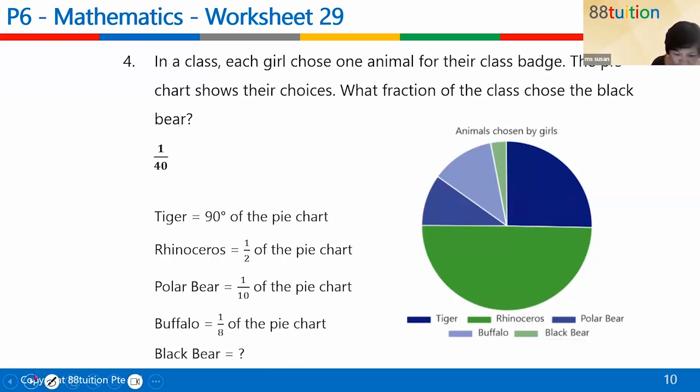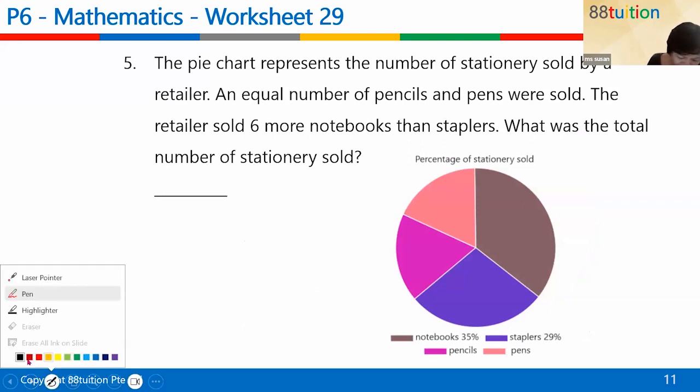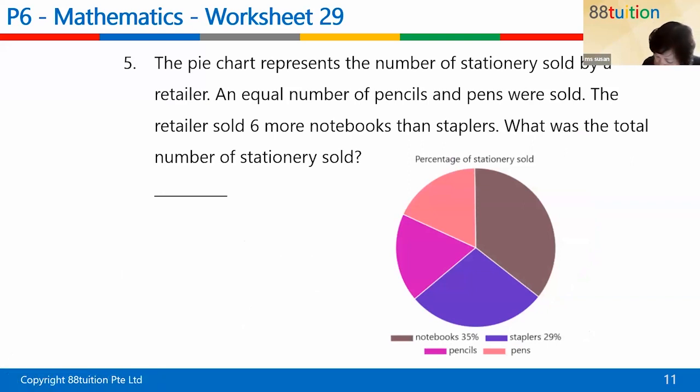Question number 5. The pie chart represents the stationery sold by a retailer, and there are equal number of pens and pencil. So let's check pens and pencil.